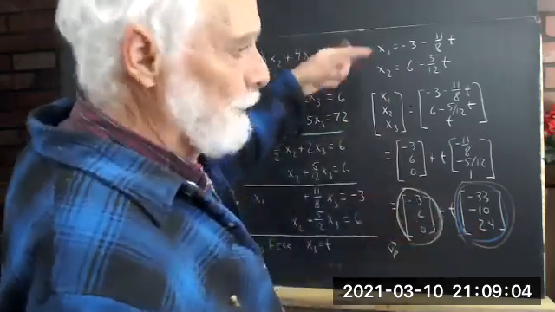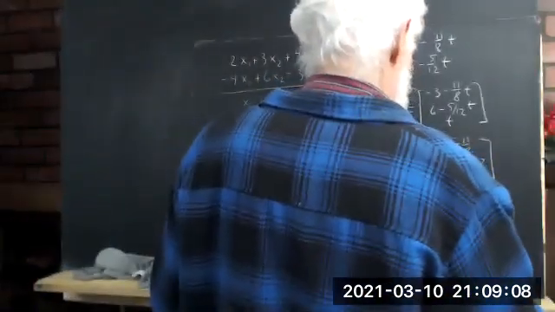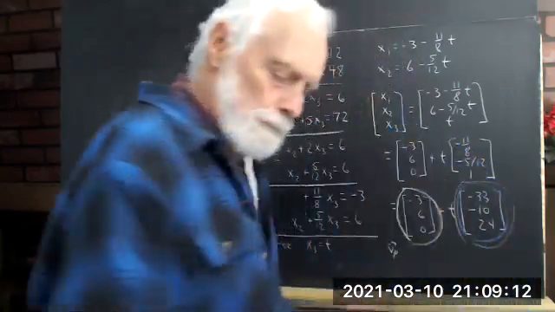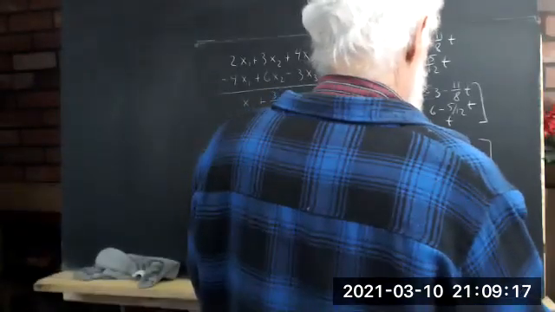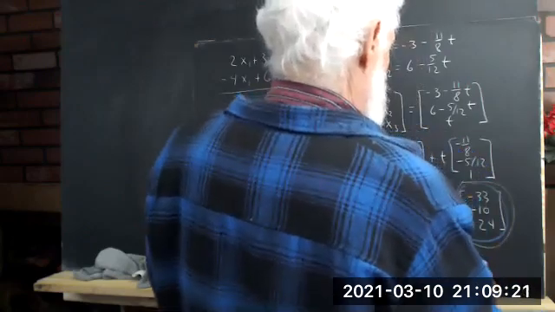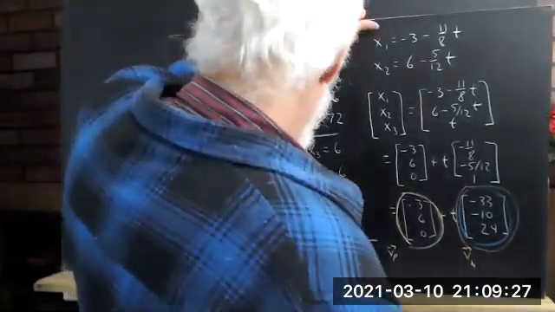So -96 plus 96 is equal to 0. So this is a V sub H, a solution to the homogeneous equation. We picture that.